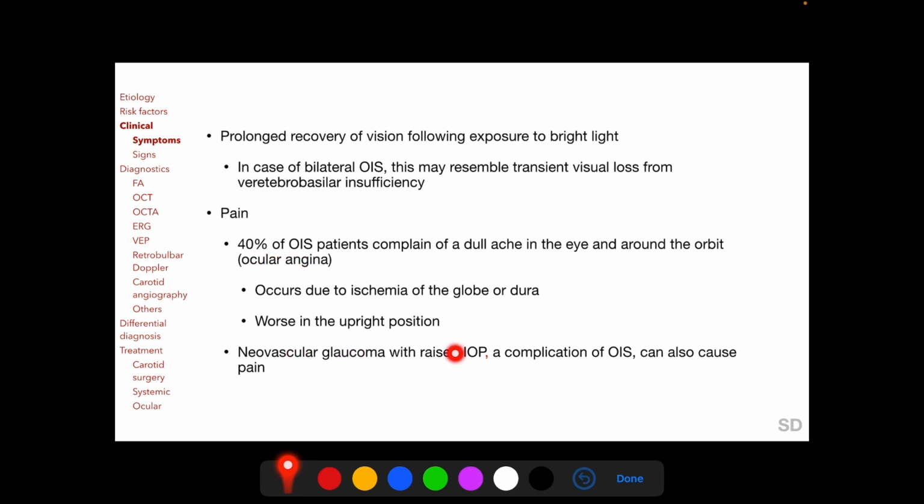Neovascular glaucoma with raised intraocular pressure, which is a complication of ocular ischemic syndrome, can also cause ocular pain. But as we will be discussing further, only 50% of OIS eyes with anterior segment neovascularization have elevated intraocular pressure.